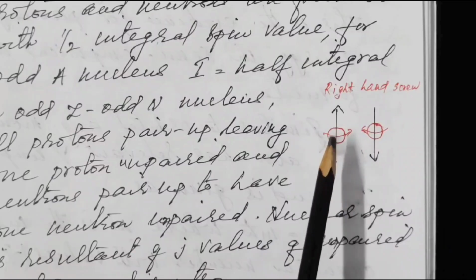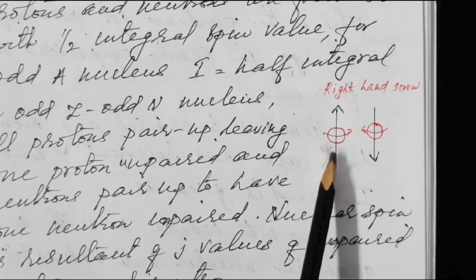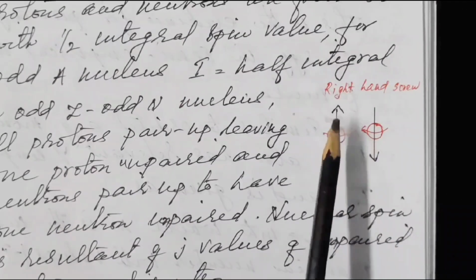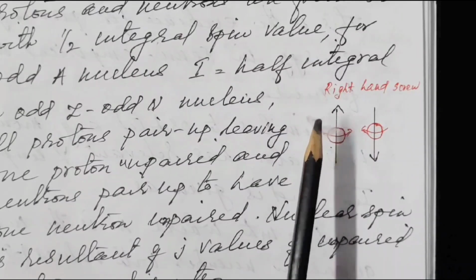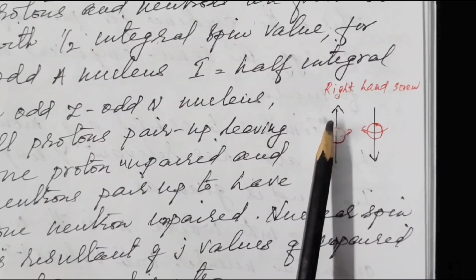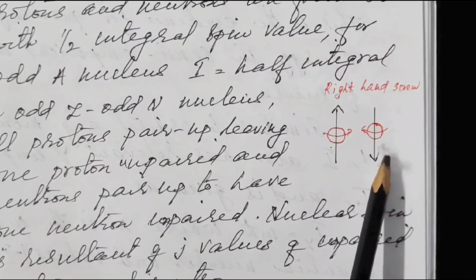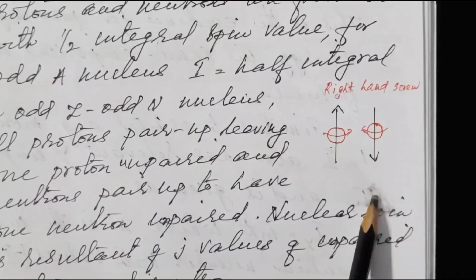Just imagine it and try it. In that case, the direction of movement of the screw represents the direction of angular momentum of the nucleon. Similarly, in the case of a clockwise spin, the direction of angular momentum is downwards.